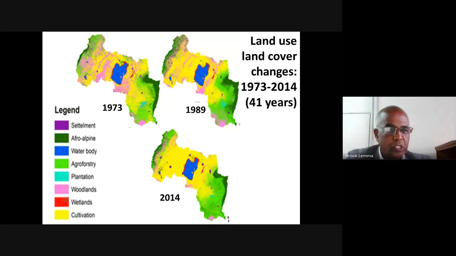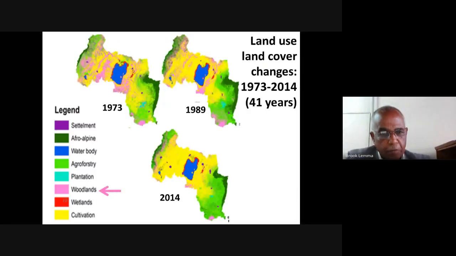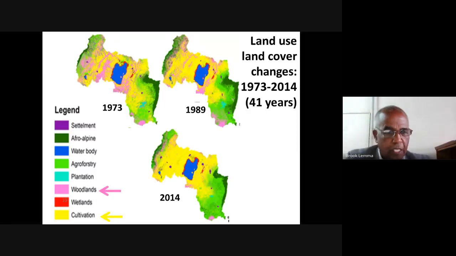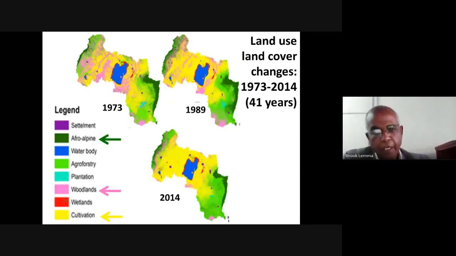In addition, settlements were expanding and the water surface was shrinking. So purple is the woodland, yellow is the cultivation, and green is the alpine, the major indicators of changes in land use and land cover of the area.